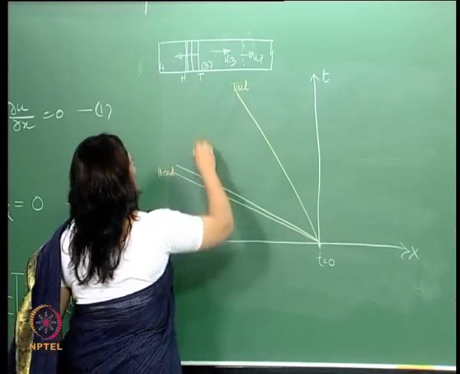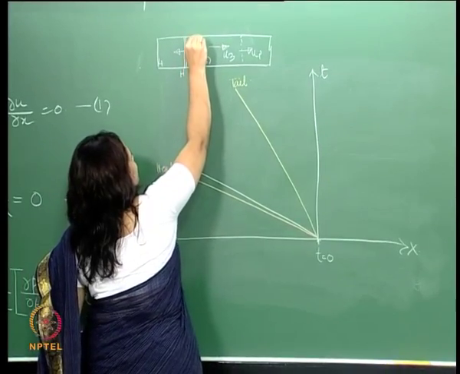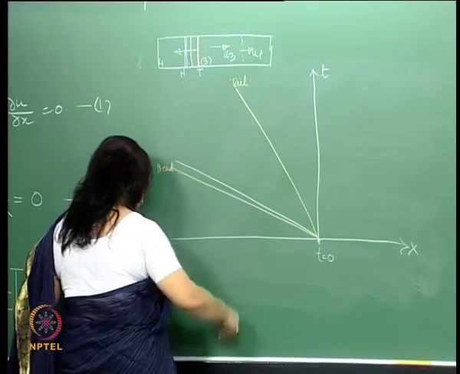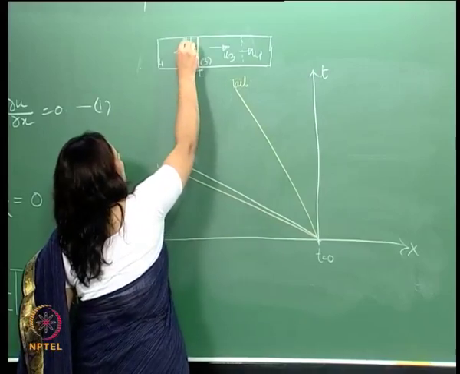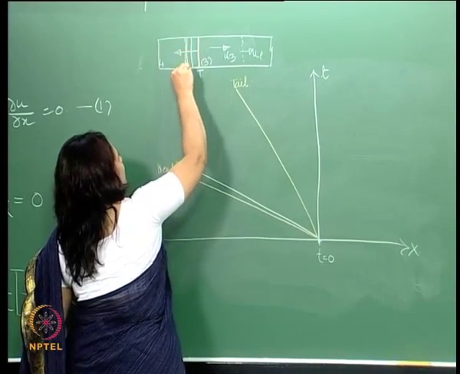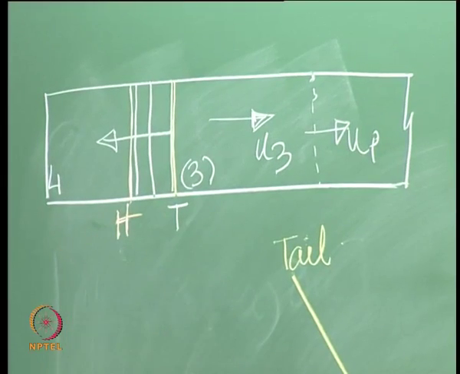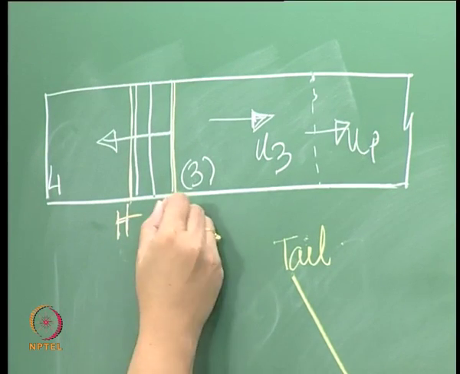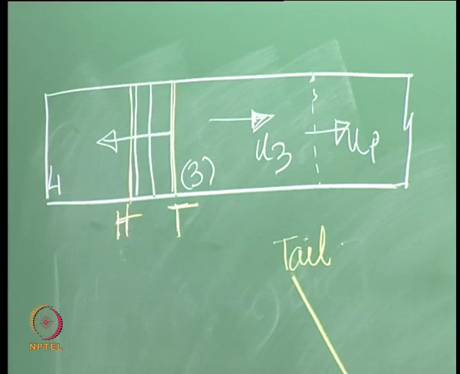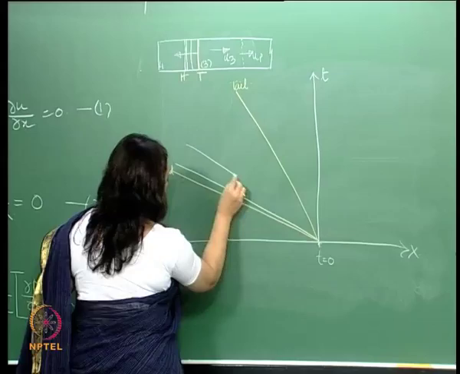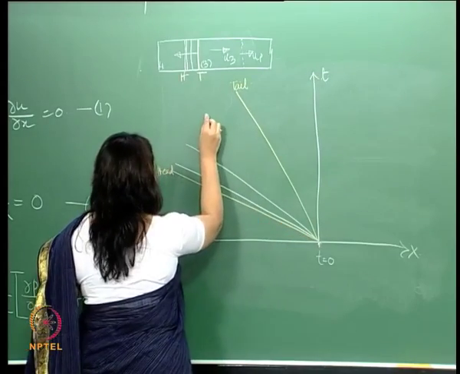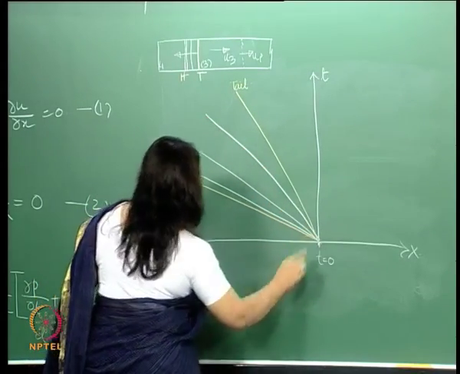Okay, so if you look here, say this is the tail, and this is the head, and that is the tail, and then in between of course we have several waves, and so on and so forth.